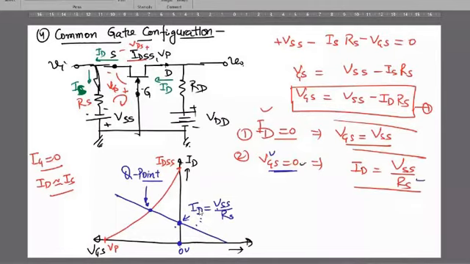And for the first condition, when ID equals 0, VGS equals VSS. So ID is 0 at this point. Here, if this is the VDS line, VDS equals VSS.